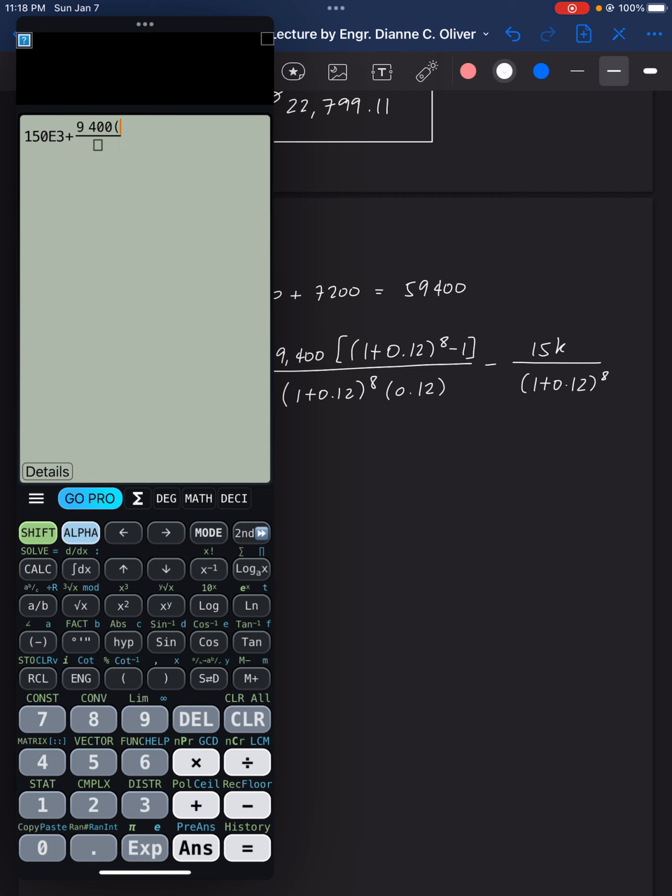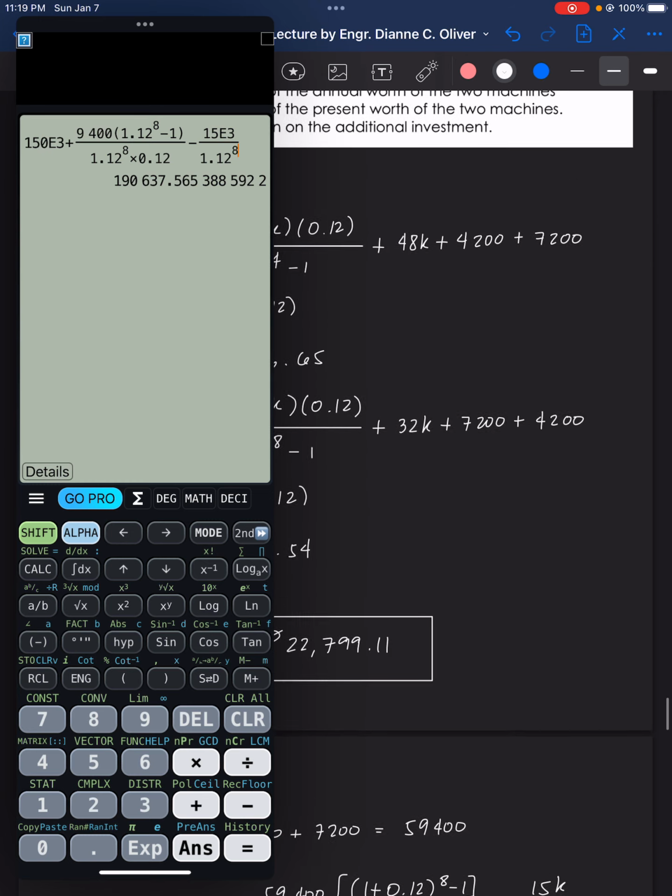So we're doing here the more shortened form of solution. How many years?